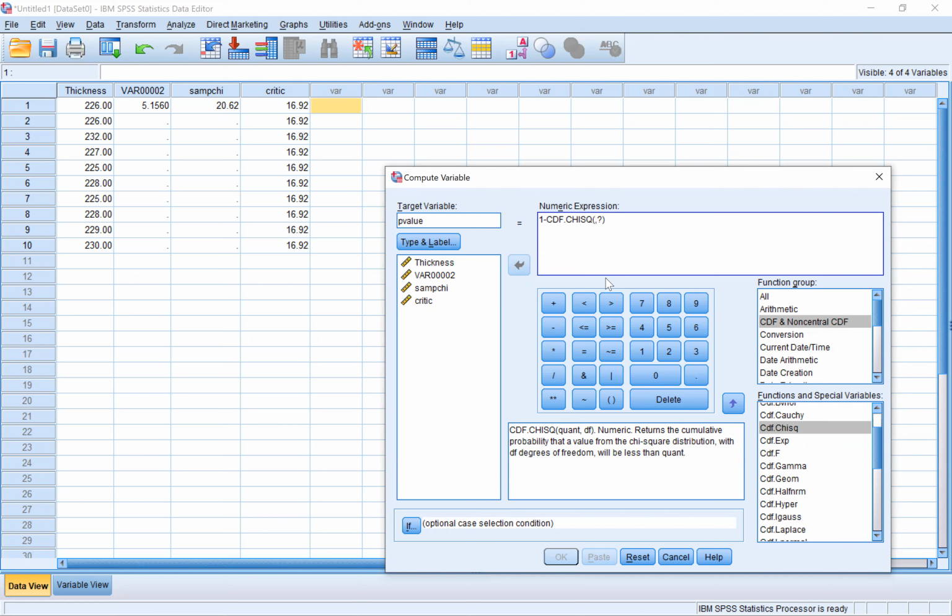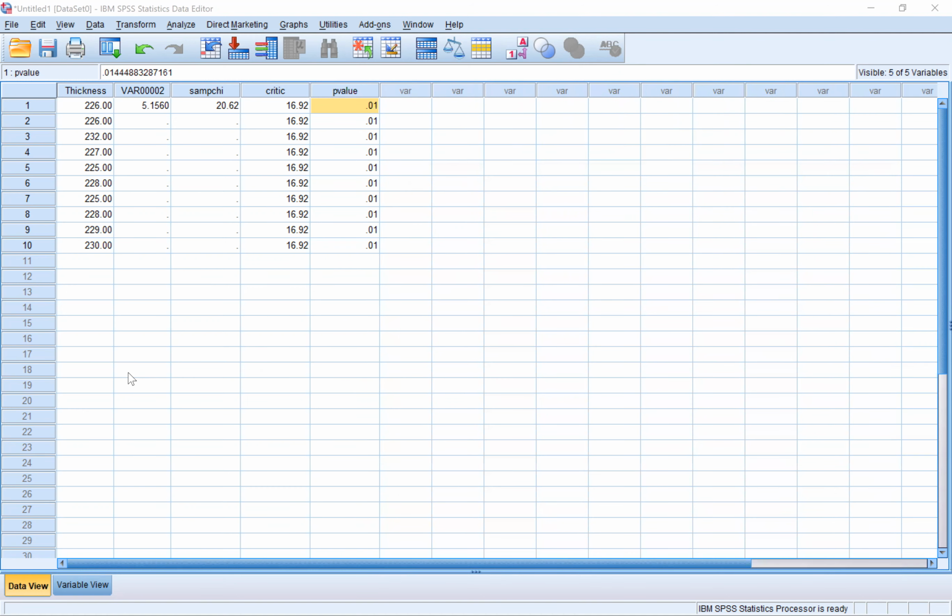The quantity is 20.62. Degrees of freedom are 9. So the p-value is 0.01.